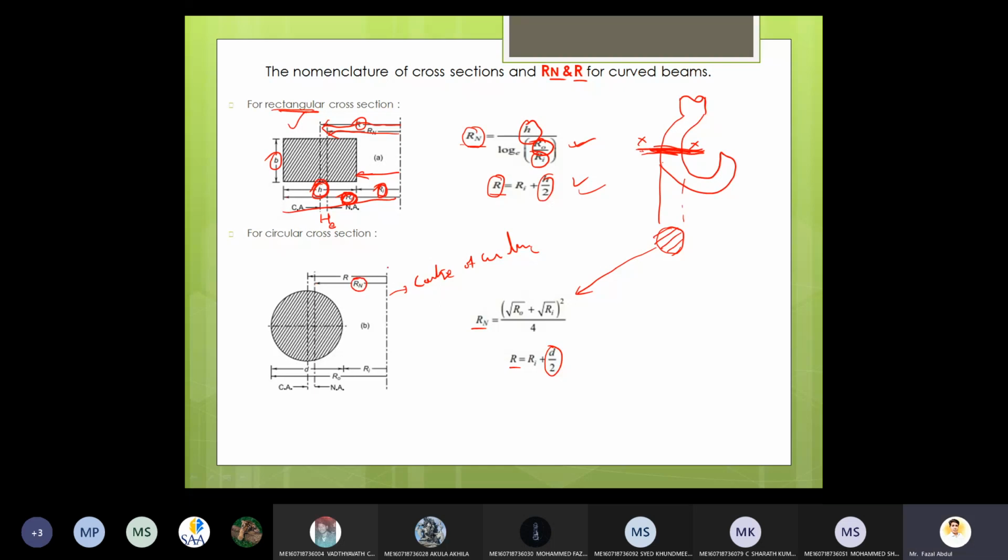The distance from the center of curvature line to the central axis of the figure is referred to as R, and from here to here Ri, from here to here R naught. Already it is denoted. Okay. And the distance between these two is e. So here the axis line is given, neutral axis, central axis, right?